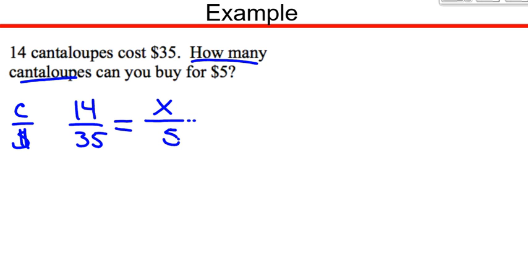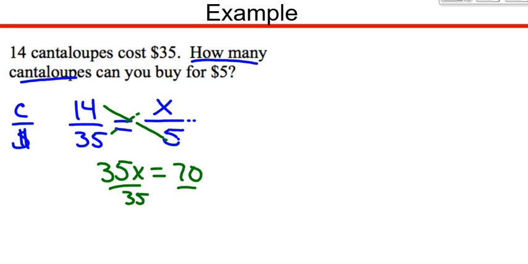So 5 goes down here because it's dollars. Then we cross multiply. 35x equals 70. When I multiply 14 and 5 and then divide both sides by 35, x is going to be 2. So I can buy 2 cantaloupes for $5.